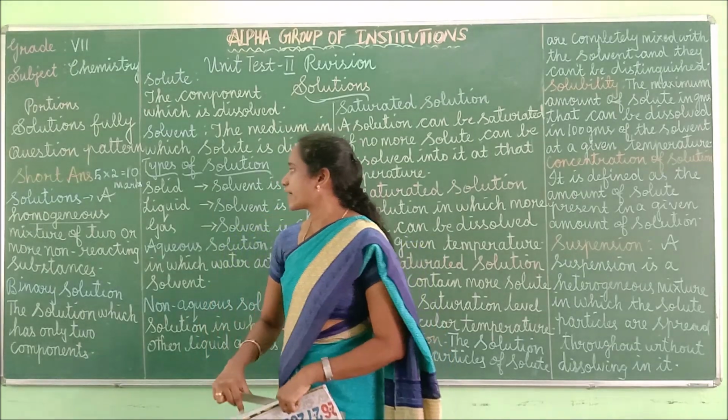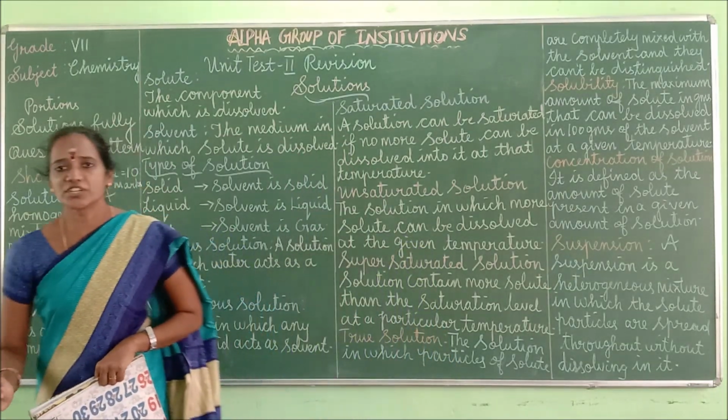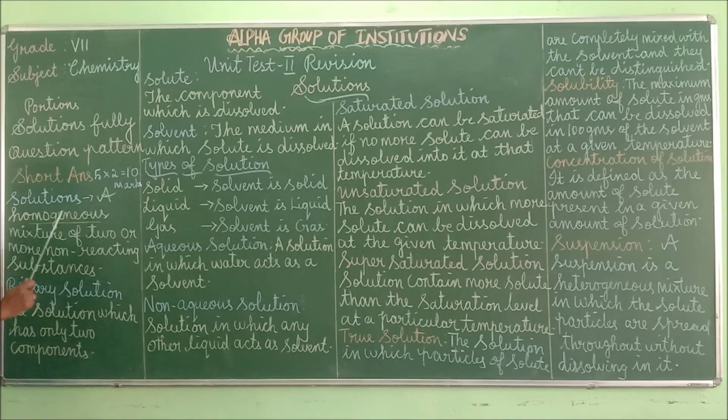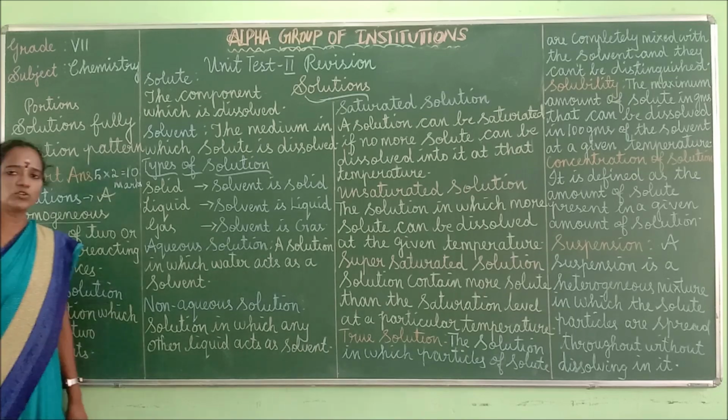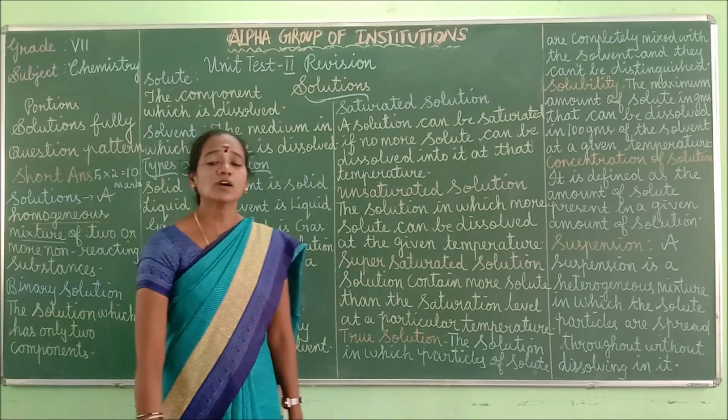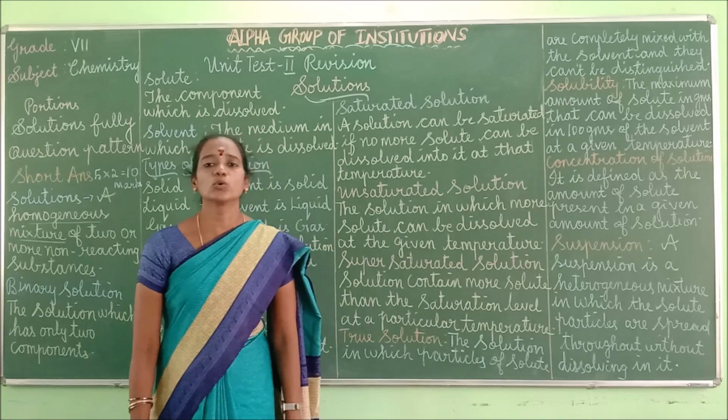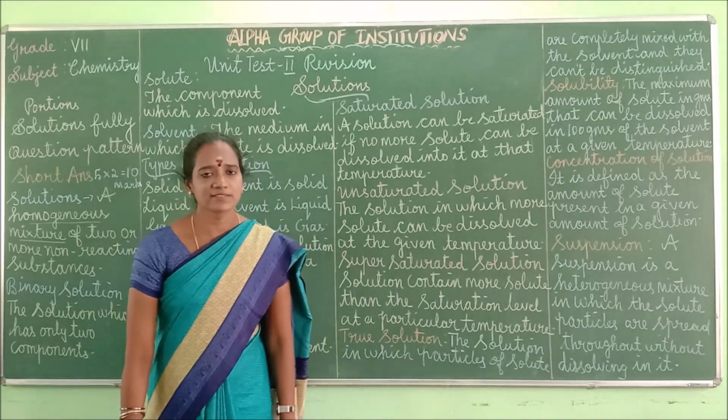Okay, children? Right. So, what do you mean by solution? A solution is a homogeneous mixture of 2 or more non-reacting substances. This is called a solution. So, if you receive this question, you have to highlight the homogeneous mixture, right? So define solution. A solution is a homogeneous mixture of 2 or more non-reacting substances.